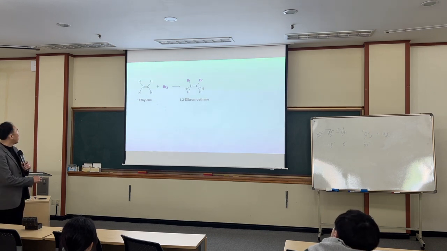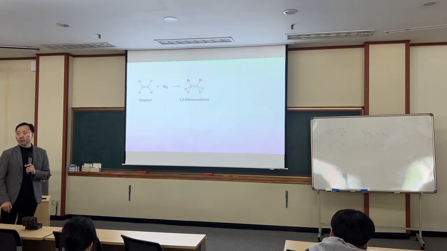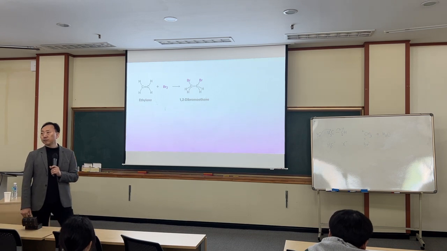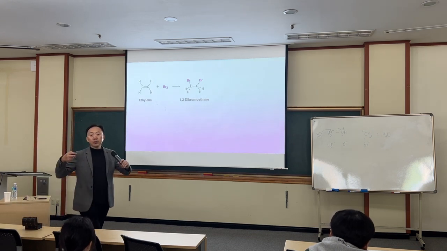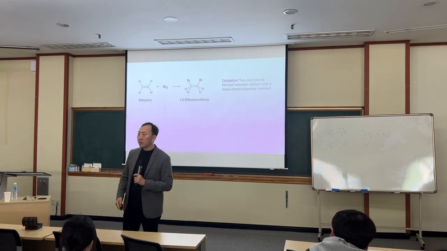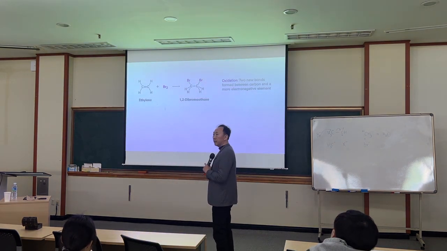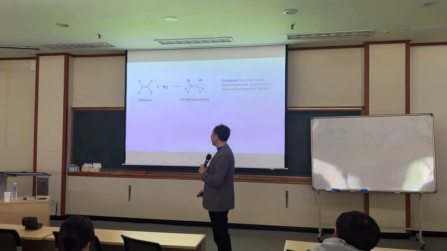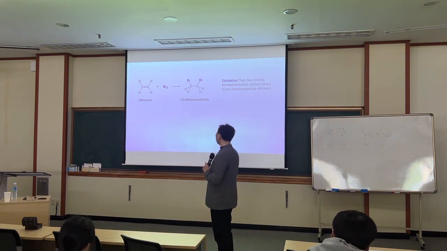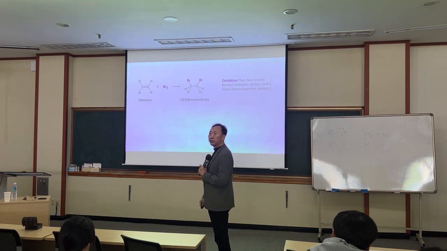So originally it was -2, it becomes -1. Oxidized. More electron-withdrawing group was added. That's oxidation. This is oxidized, this is oxidized. Which one is reduced? Again, Br was reduced. 2 oxidized, 2 reduced. Yes.